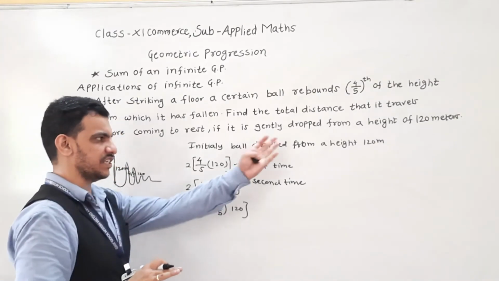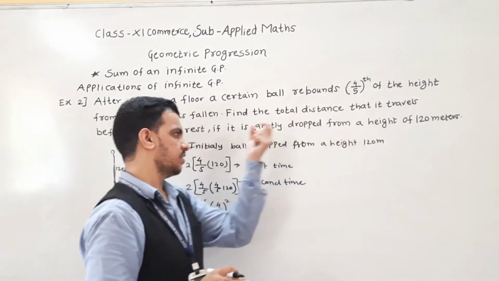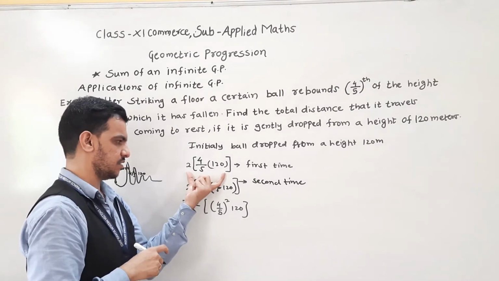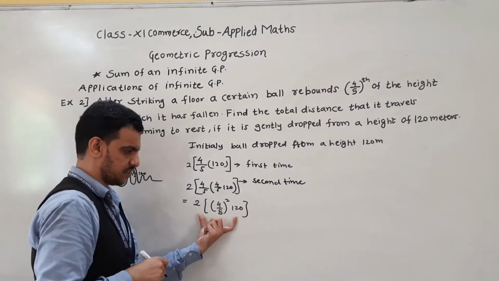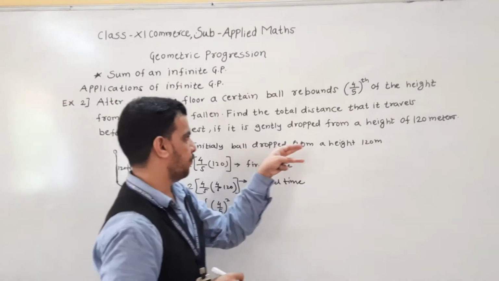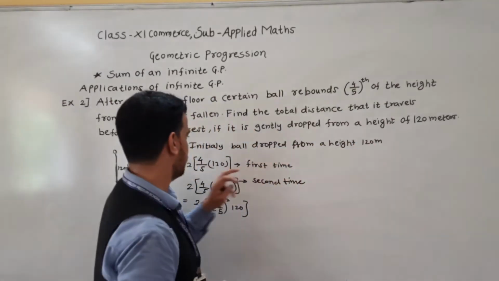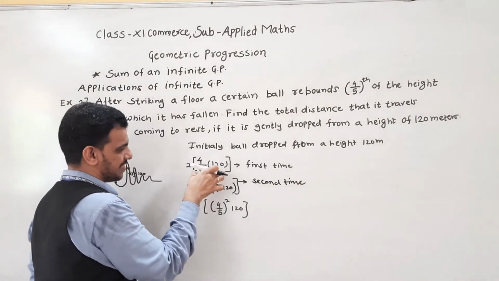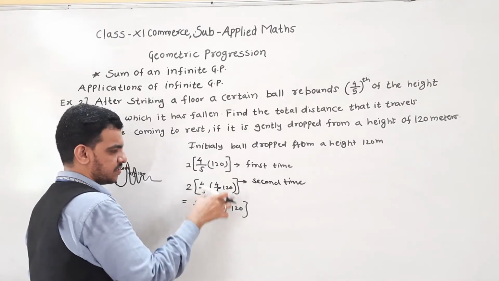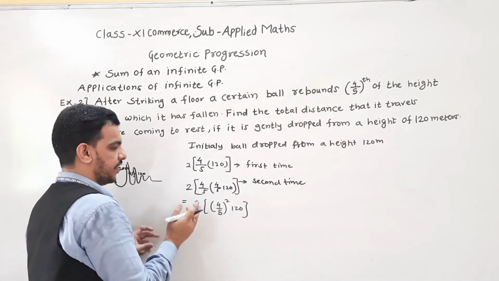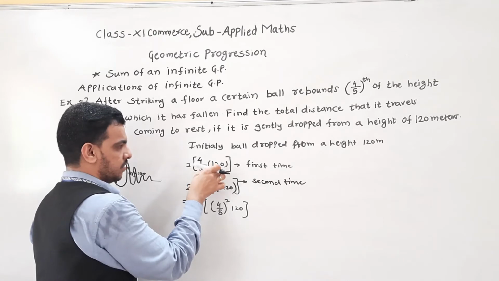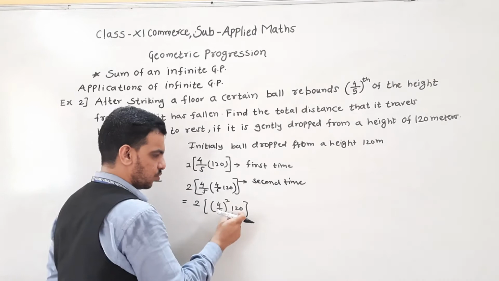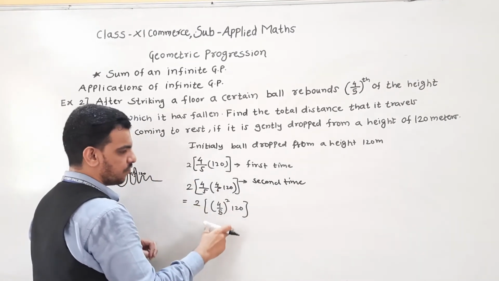So initially that distance is 120, then when it rebounds the first time it covers this distance, the second time it covers this distance. If we take the sequence from these distances, and take 2 common, and observe these numbers 4/5 of 120, then 4/5 square into 120, then these numbers form a GP.